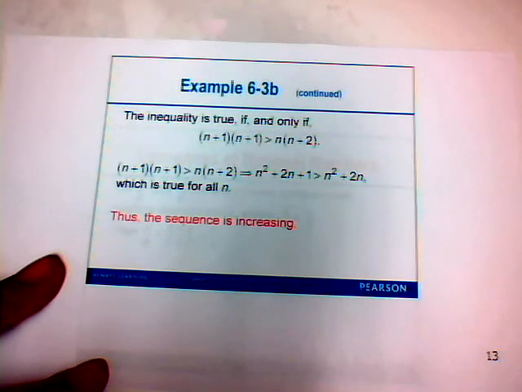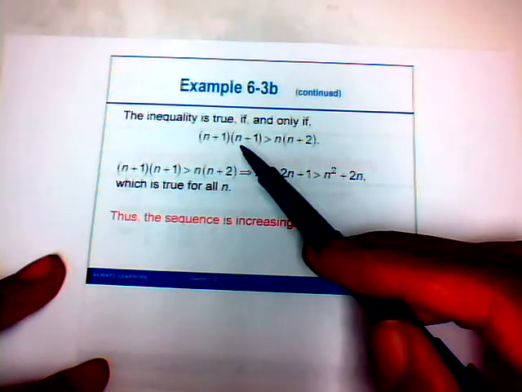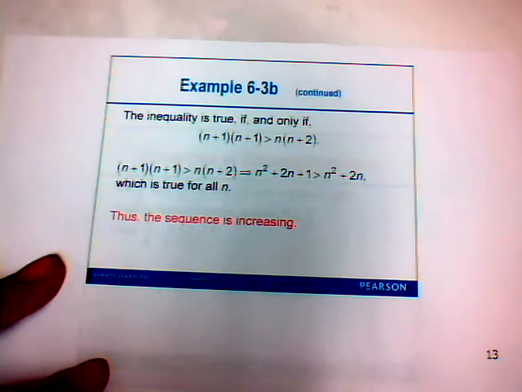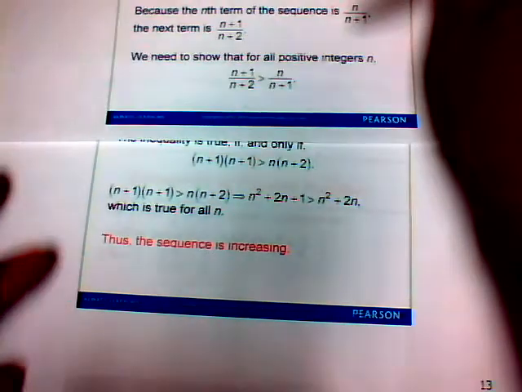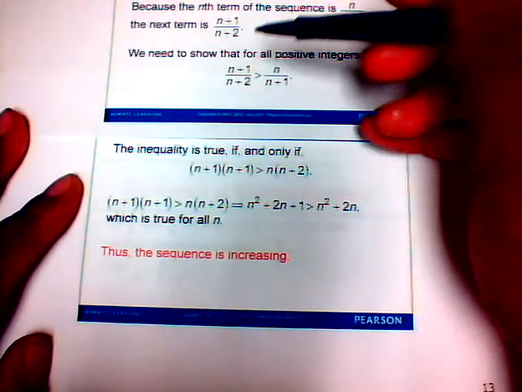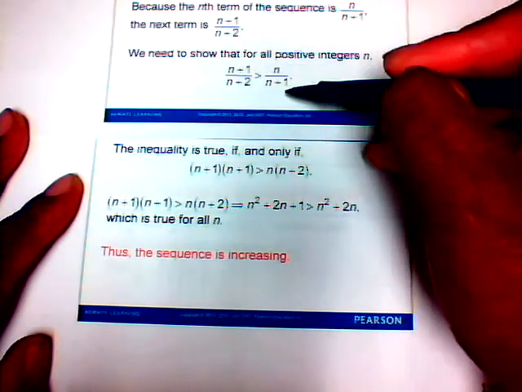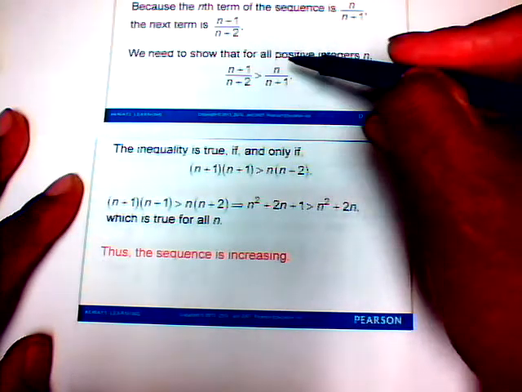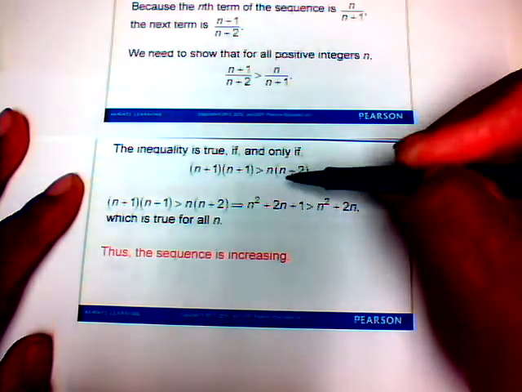And it's going to be true if and only if, of course, n plus 1 times n plus 1 is greater than n times n plus 2. That's using the cross products approach. In this case, n plus 1 times n plus 1 is this cross product, and the other cross product, n plus 2 times n, is this.